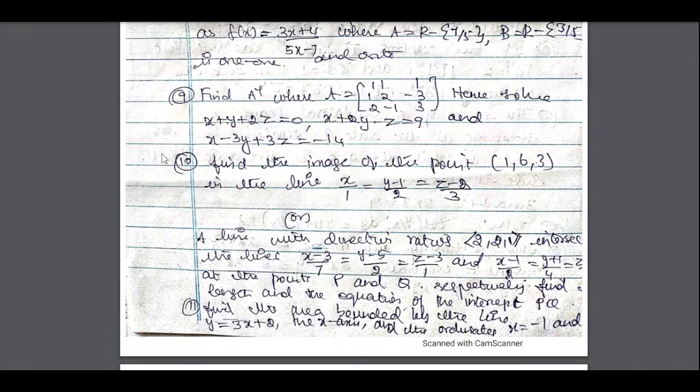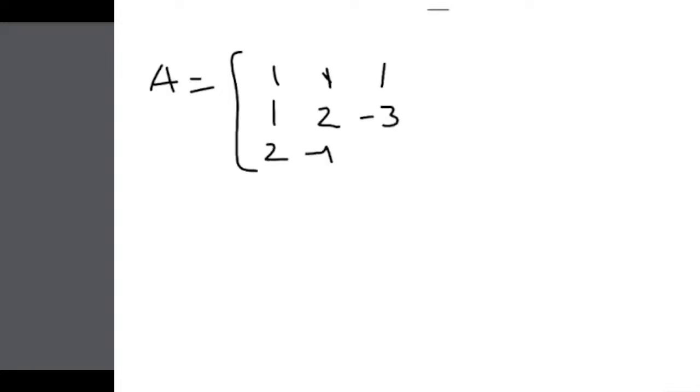Yeah, matrices. Okay, so they've given A is equal to 1, 1, 1, 1, 2, I think that's minus 3, 2, minus 1, 3.